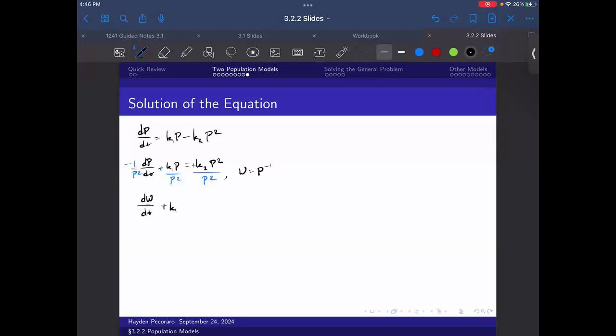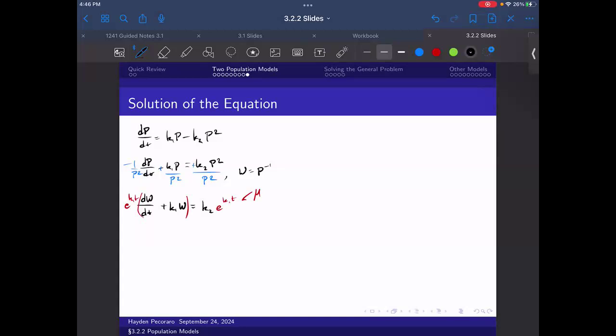Plus K1W equals K2. All right. Your integrating factor in this case will be e to the K1t. So that's our mu.